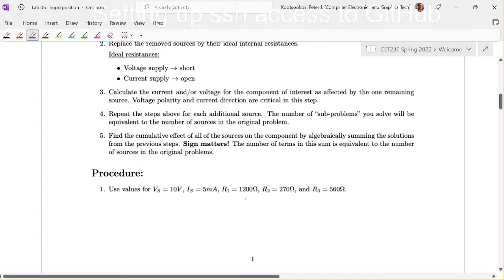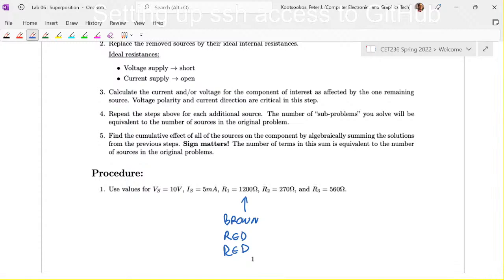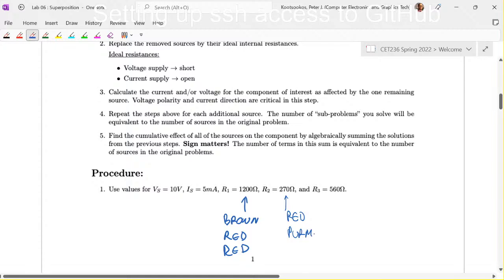So this one is brown, which is 1, red, red. This one is red, purple, brown.